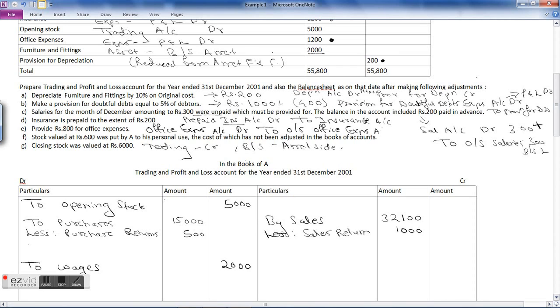This will be the journal entry. Since you are debiting the office expense account, one effect will go to your profit and loss account debit side, you have to add it to your office expense. The second effect will go to your outstanding office expenses, your personal account, and since you are crediting that account it will show a credit balance, so it will come on the balance sheet liabilities side. So we'll give that effect.